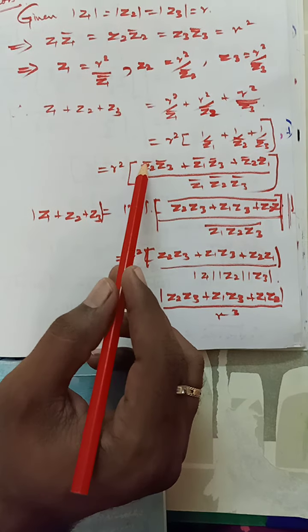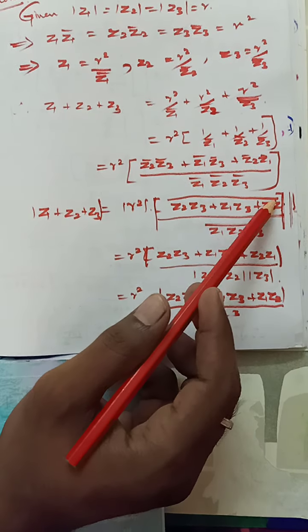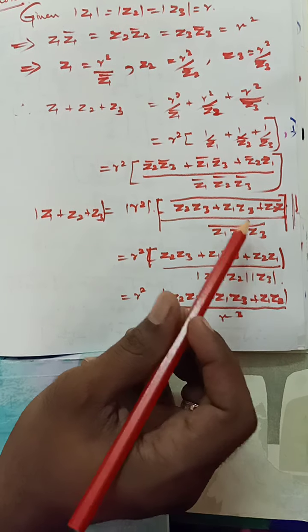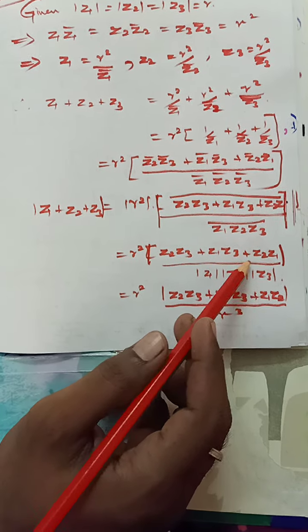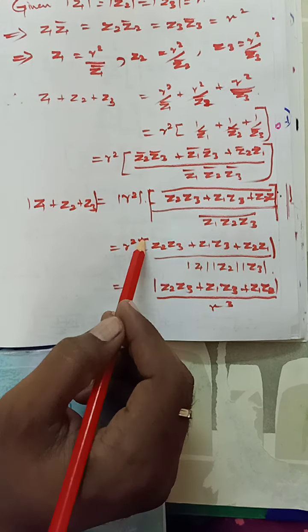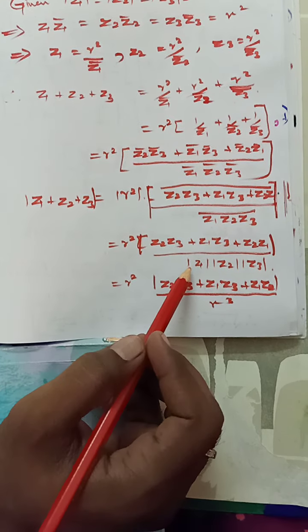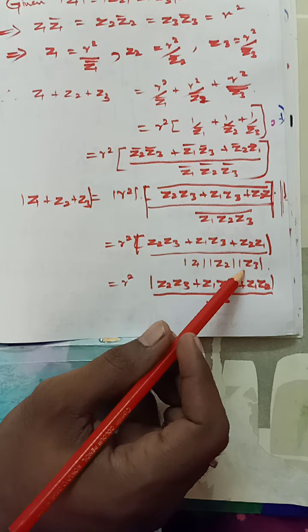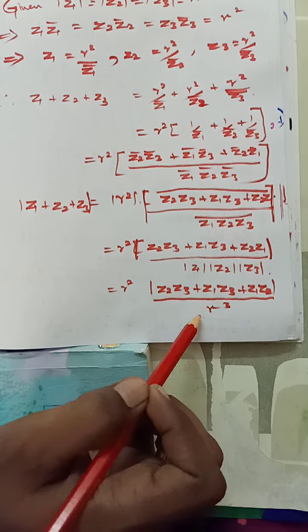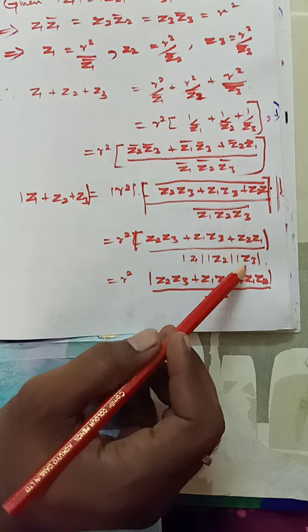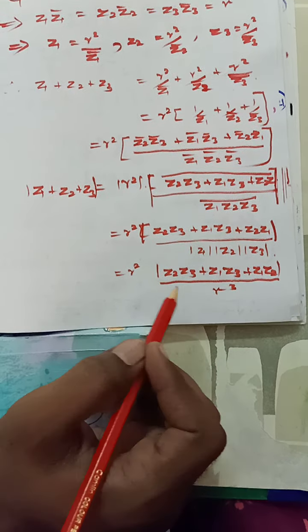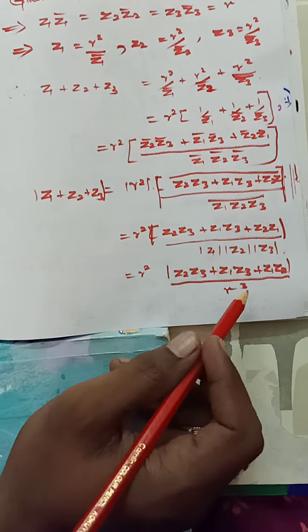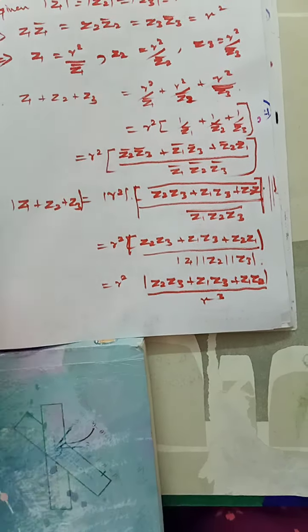So it becomes modulus of (z2 z3 plus z1 z3 plus z2 z1). In the denominator, mod z1 is r, mod z2 is also r, this also r. So r into r into r becomes r cube. Here you have r squared, so r squared and r cube we can cancel. We will get r.